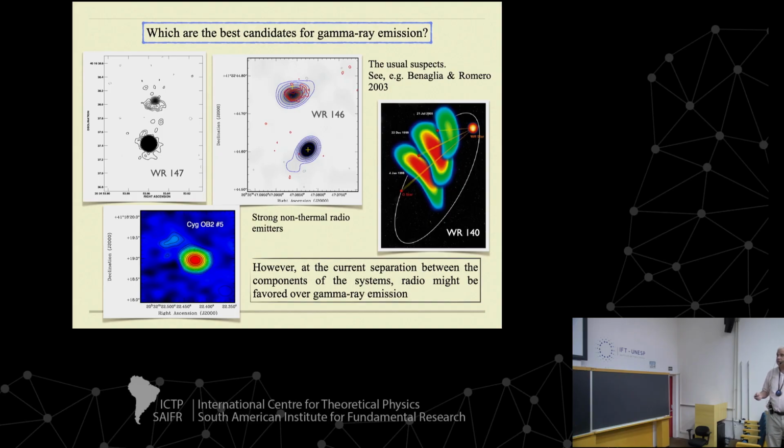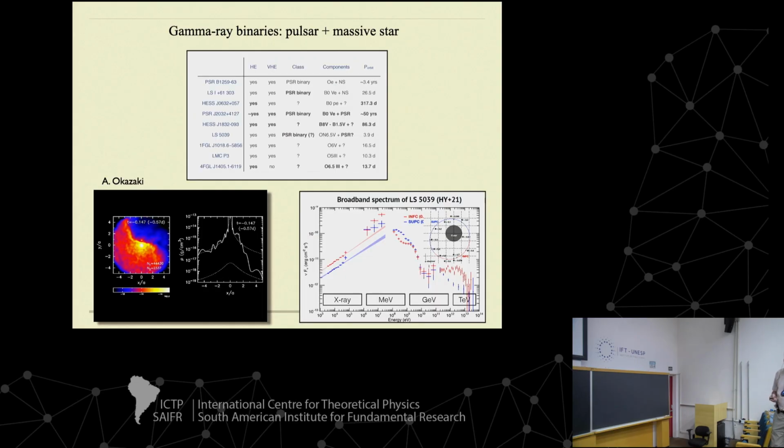So this is not new stuff, but only recently these systems were detected as predicted in gamma rays. Okay, and since the orbit is quite elliptic in many of the systems, the gamma rays are not seen all around the orbit. They are just in some locations in the orbit where the gamma ray emission is favored.